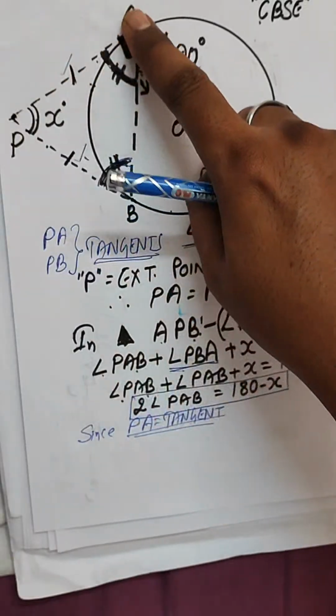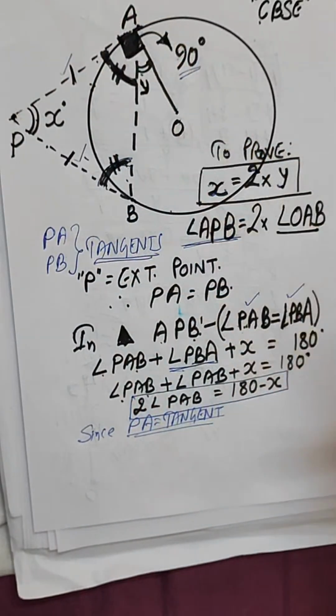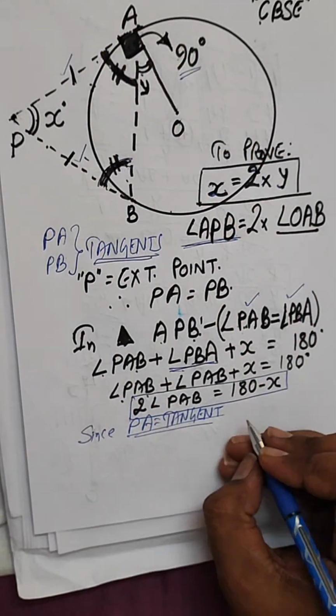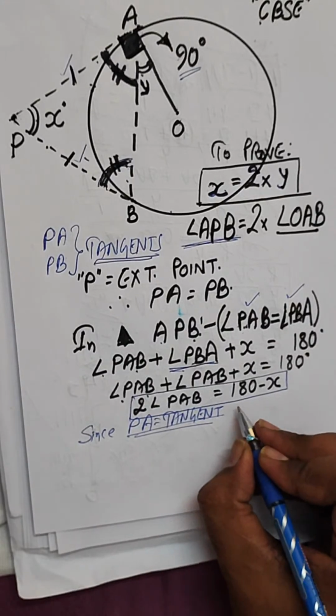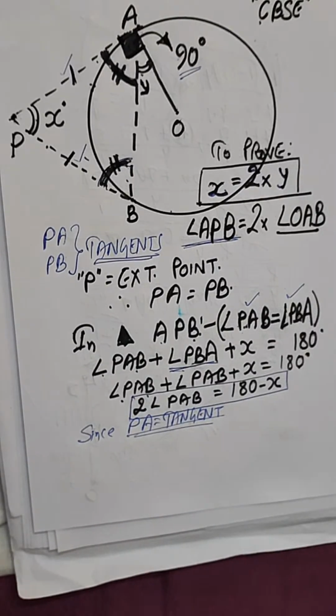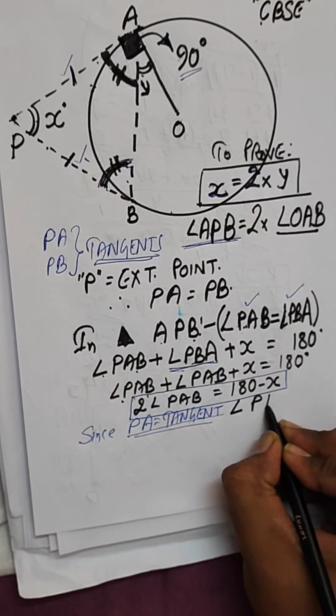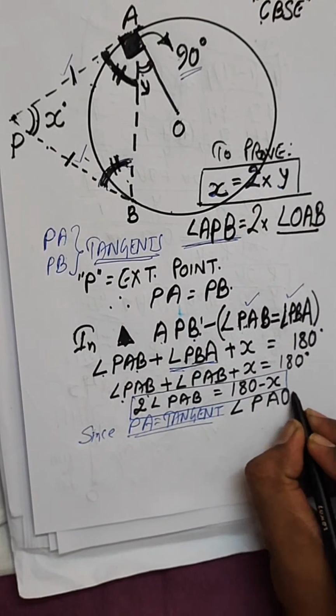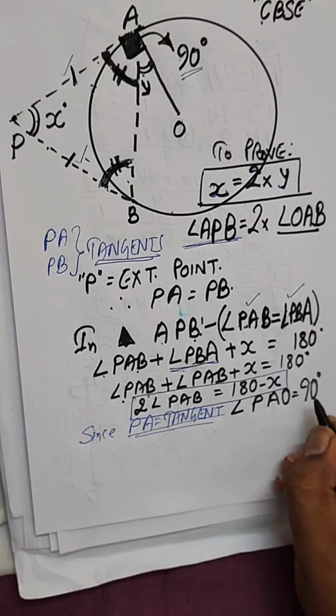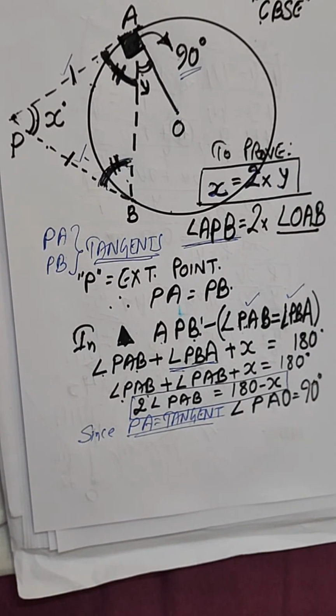OA is the radius. So we can write, since PA is the tangent, angle PAO is equal to 90 degrees. Any doubt in this? I don't think so.